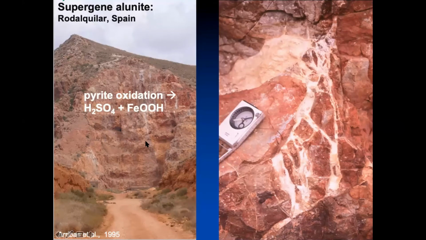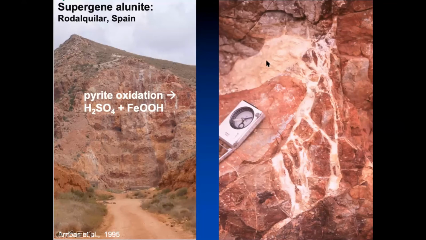And also, as I pointed out, similarly in the Pascua-Lama deposit, large amounts of supergene oxidation, and at Yellowstone, Grand Canyon, an active geothermal system, even now starting to have supergene oxidation.